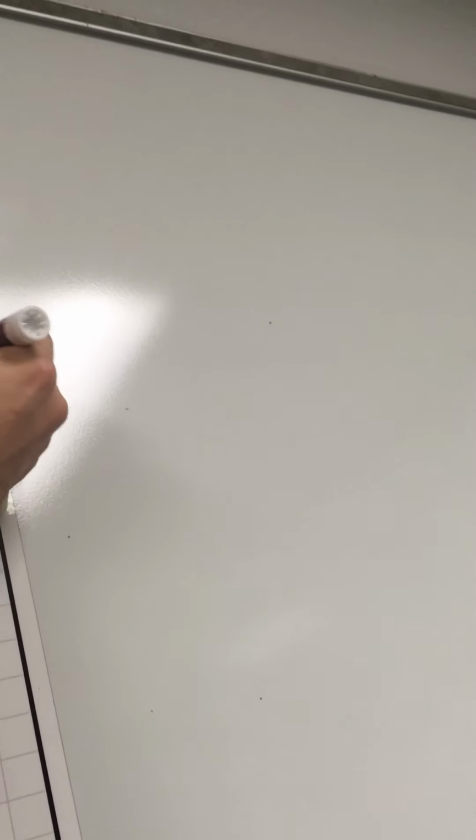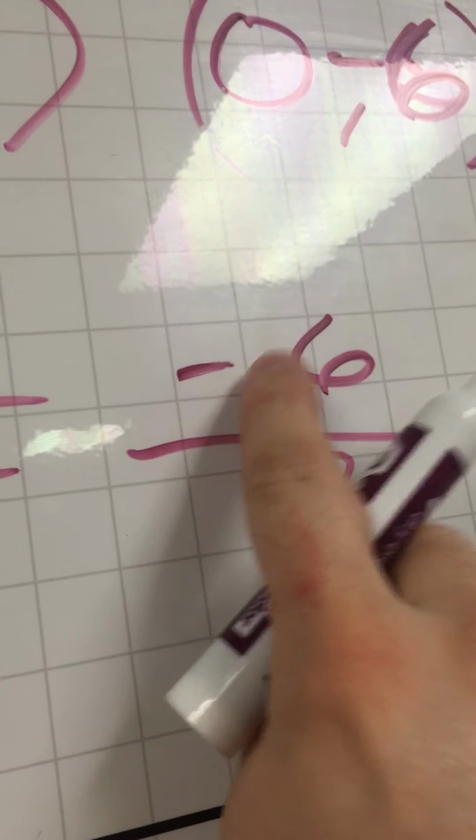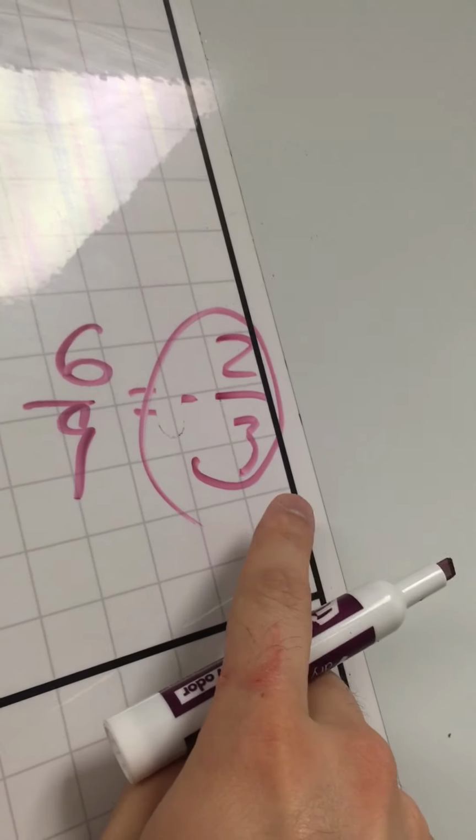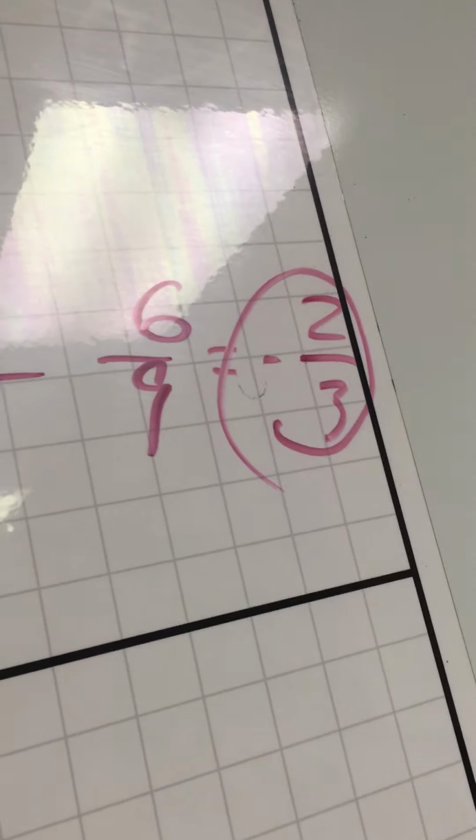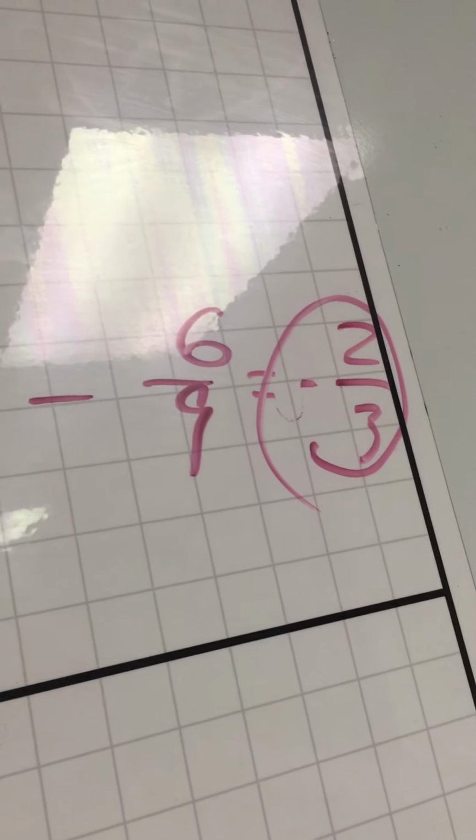We know 6 over 9 is 2/3, so it's negative 2/3 is our slope there. Always reduce your slope once you find it. That's a negative sign because one was negative and one was positive, so that yields a negative fraction overall there. Okay, and then number 9.